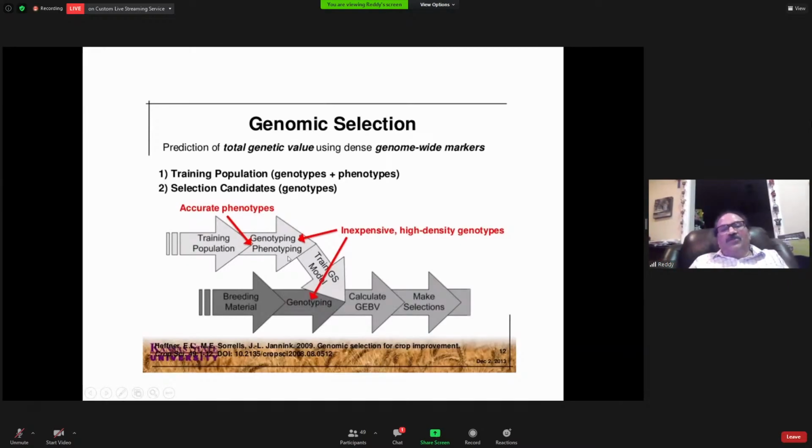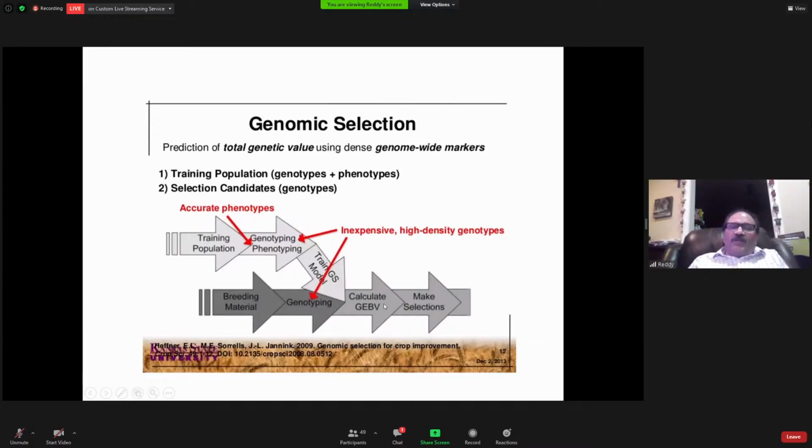But here in genomic selection, once you precisely phenotype and genotype, you can identify the lines that have favorable allele combinations. They are the better combiners. GEBV models identify the accessions or breeding stocks with favorable allele combinations.